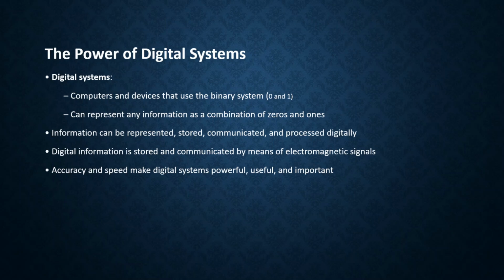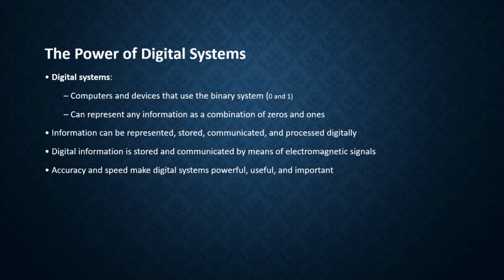Because of their power. So what type of power do they have? They are very speedy. They can store a huge amount of data, they can work for a long period of time, and they can be used for a wide variety of applications.